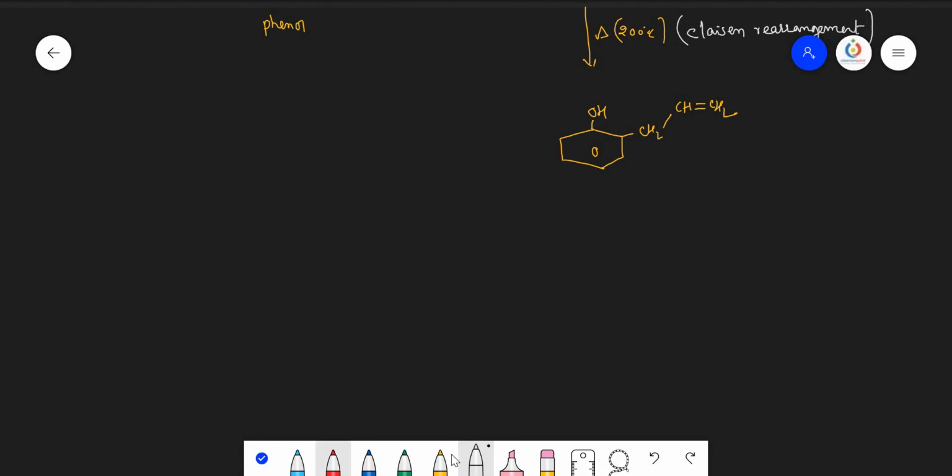Now, let's take acylation. Already we have discussed this reaction just now. Phenol, you just subject this phenol to Cl-C(=O)-CH3 in the presence of NaOH.